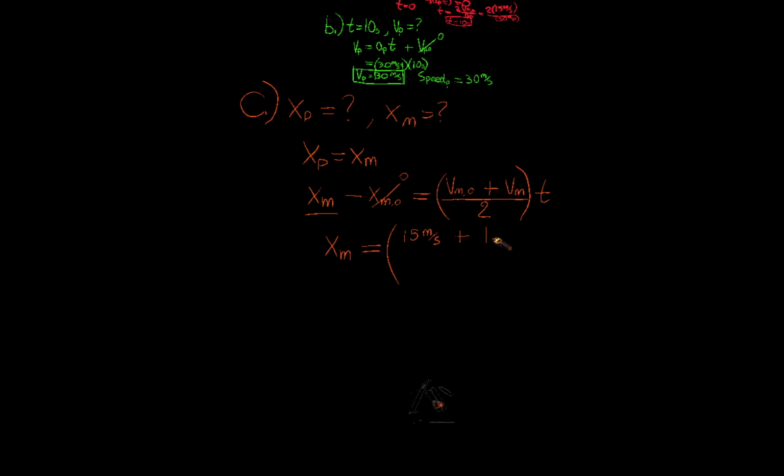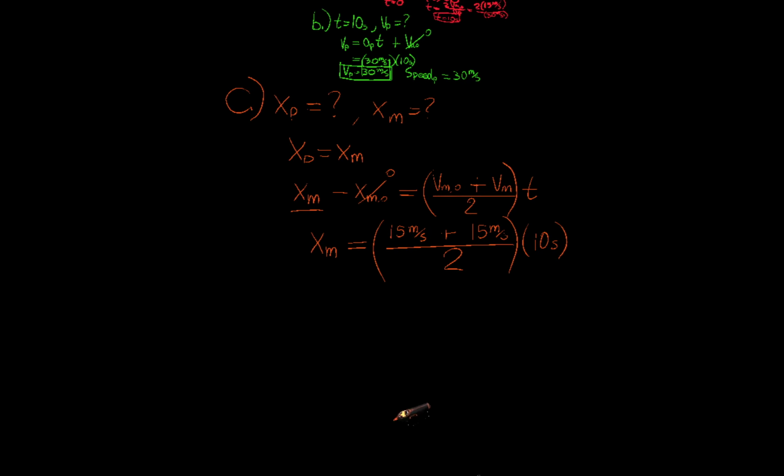So the speed when the policeman catches him is still 15 meters per second. He really didn't react too much to the policeman coming after him. You would think he would either slow down or make a run for it, huh? Divided by 2. And the time, t, is 10 seconds, which is what we solved for in part A.